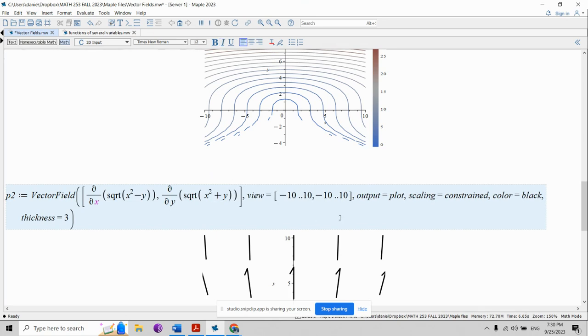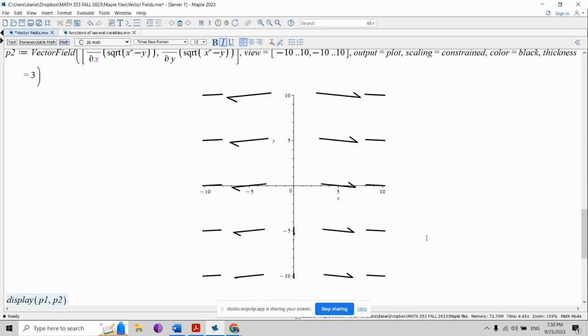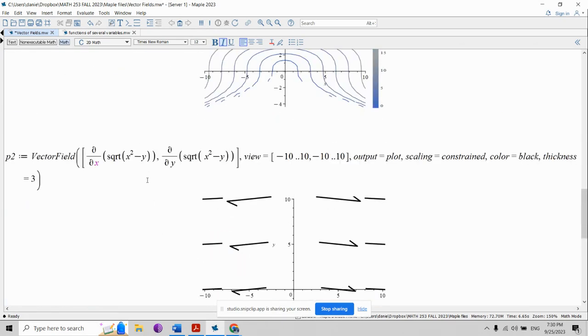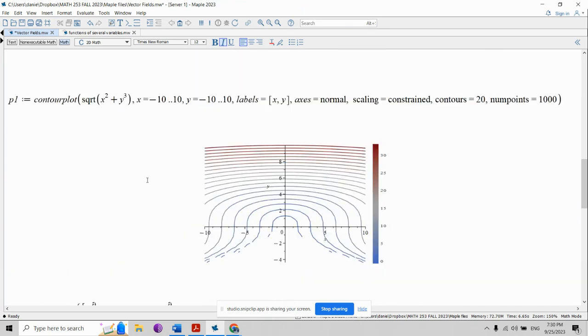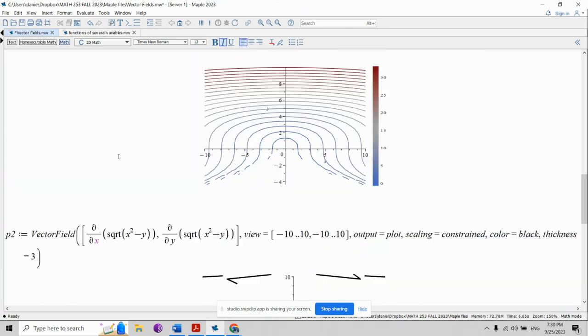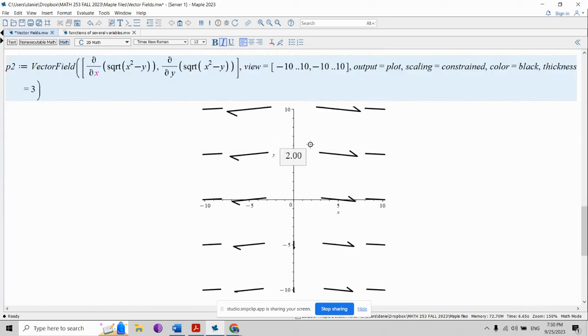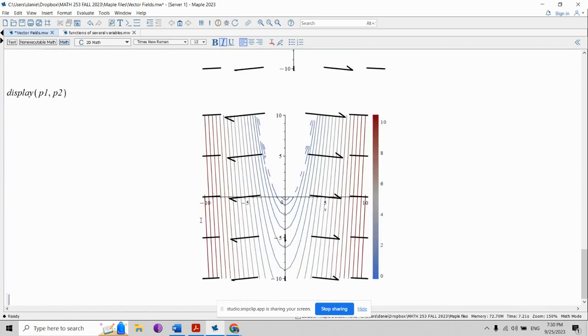Neither was the previous one, because there are points in which this is going to be negative, and you cannot have a negative under the radical. So that's the gradient field, and the vector field, for x squared minus y. Okay, and then all together, and there you go.